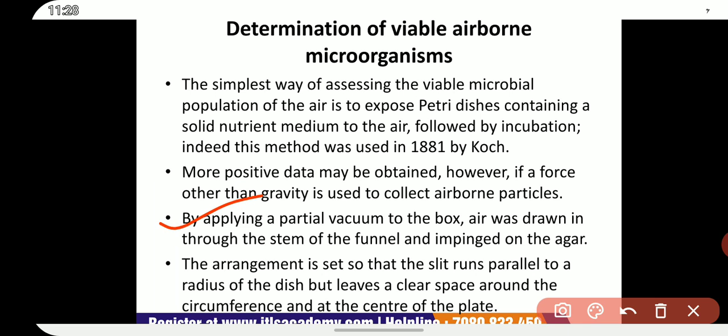By applying a partial vacuum to the box, air was drawn in through the stem of the funnel and impinged on the agar. Now the plate could be incubated directly and developing colonies counted, provided the air drawn in was metered. A direct quantitative assessment of the viable airborne population could be made.